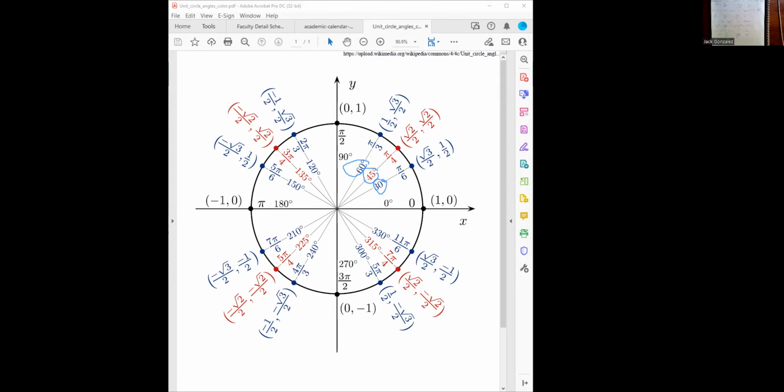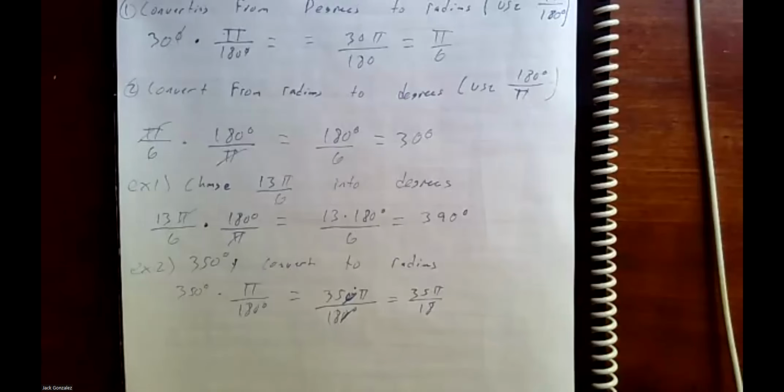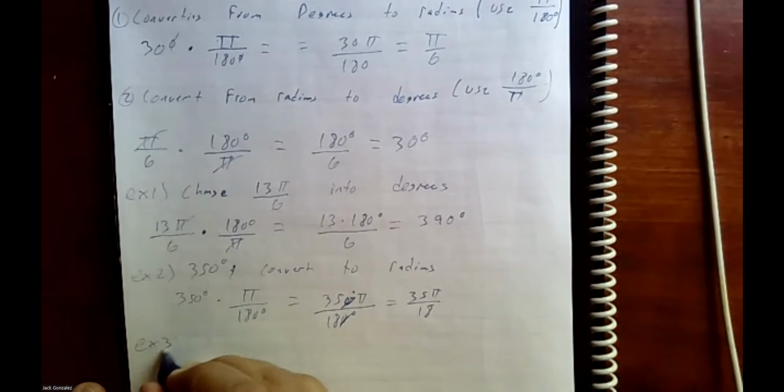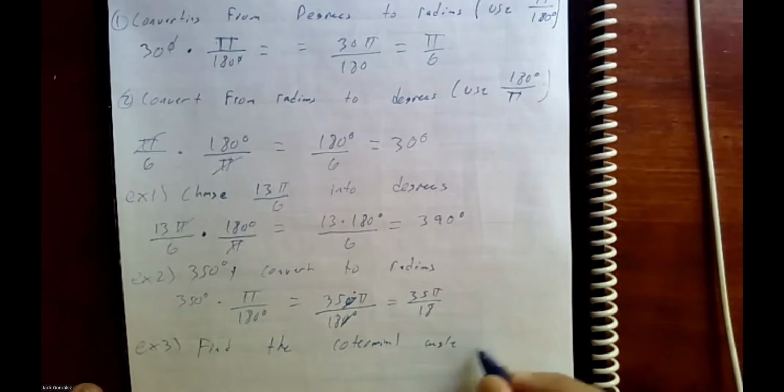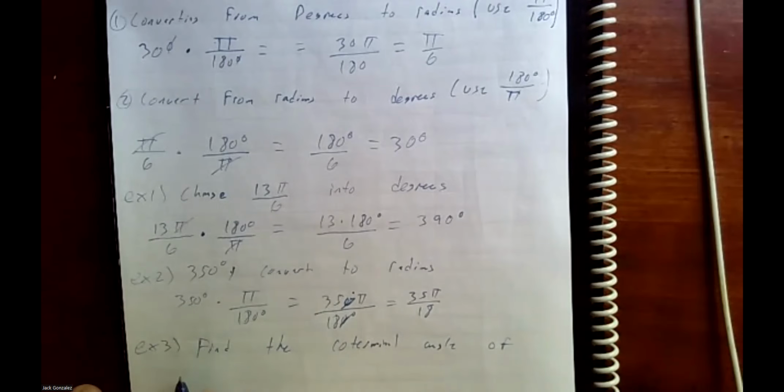So on number 15, they give us 698. Okay, so let's do this on paper. Find the coterminal angle of, they said 698.